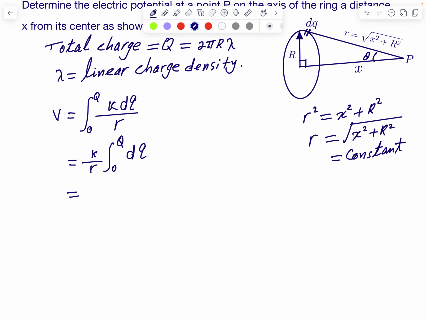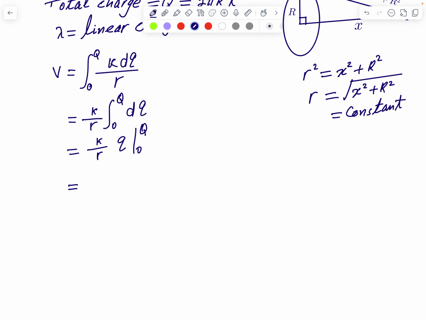Therefore, we get K divided by r times the integral of dq, which is Q from 0 to Q. This gives us K over r times Q minus 0.